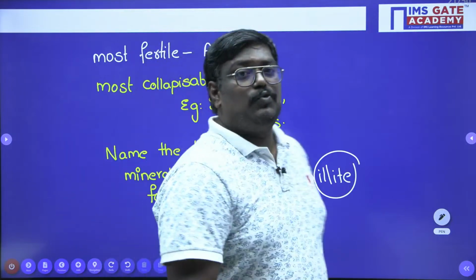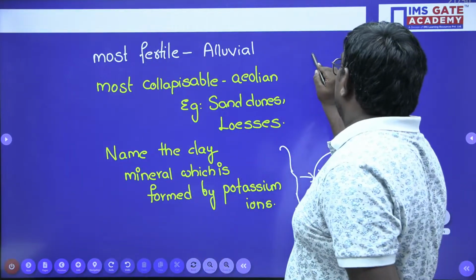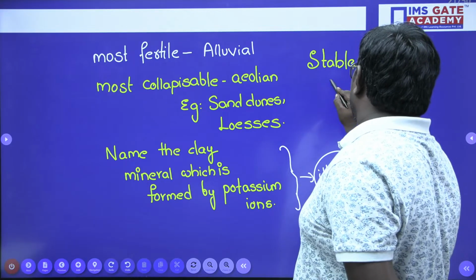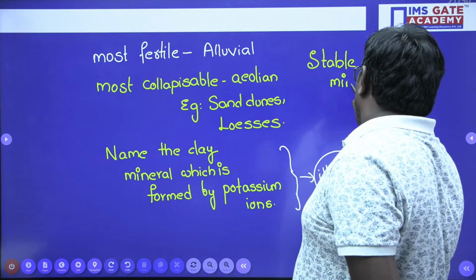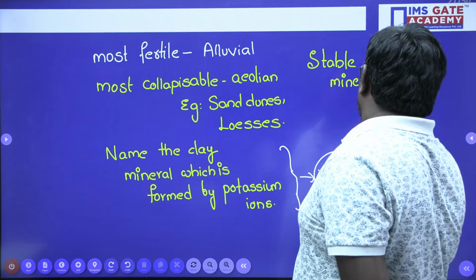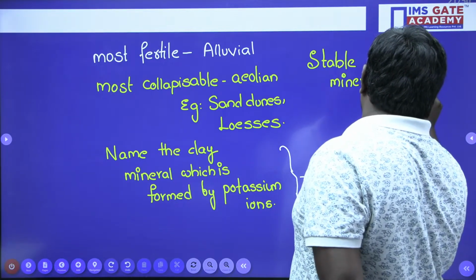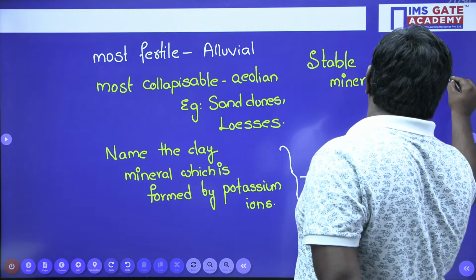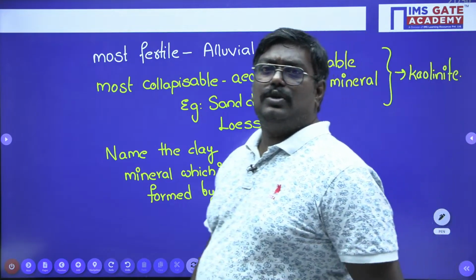They can ask you which is the stable mineral. Can you tell me which is the stable mineral? If you talk about the stable mineral, then it is kaolinite. And they can ask you in which structure.